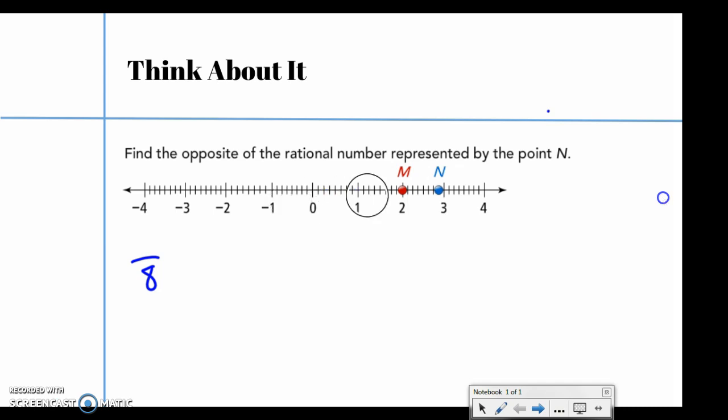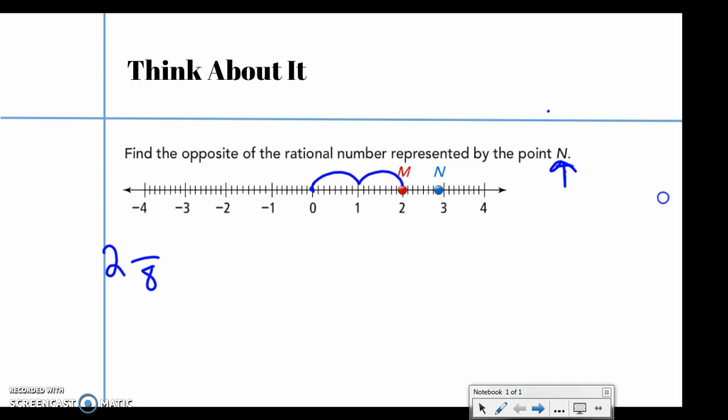Okay? So, like we did last time, you're going to start at 0, and you're going to count how many whole numbers away from 0 you move. 1, 2. We're trying to find point n, and as you can see, point n is not a whole 3 points away from 0, so we know our whole number is going to be 2.